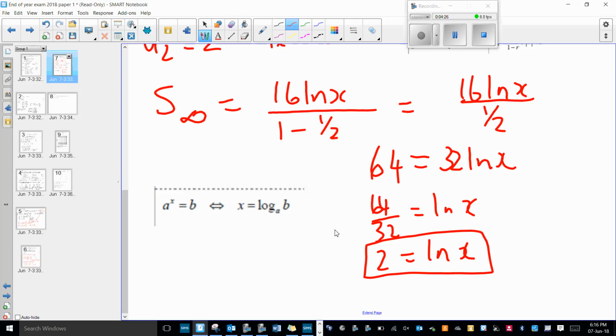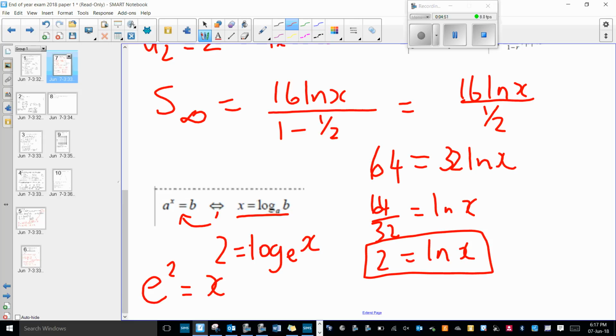So secretly we're writing log base e here. So if we connect our values here and rewrite it like this, we would have e to the power of 2 equals x. And there we've solved it. We would leave it as e squared. It's a non-calc paper, you did not expect to do any more.